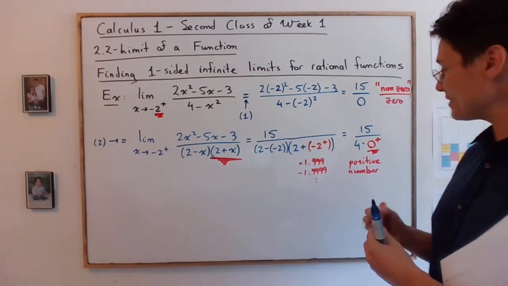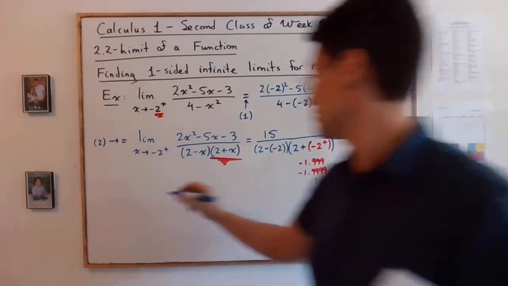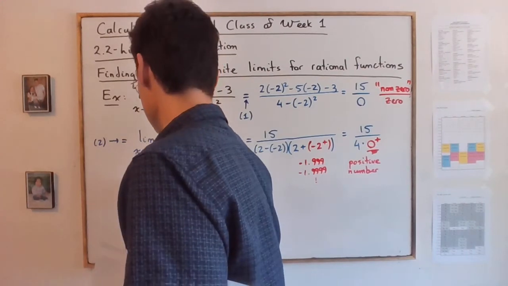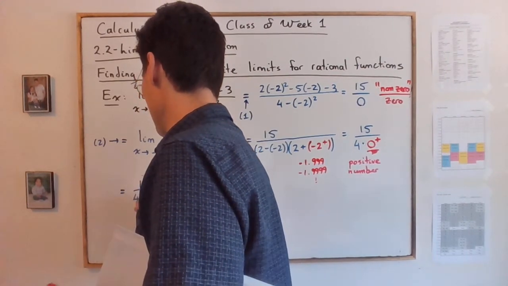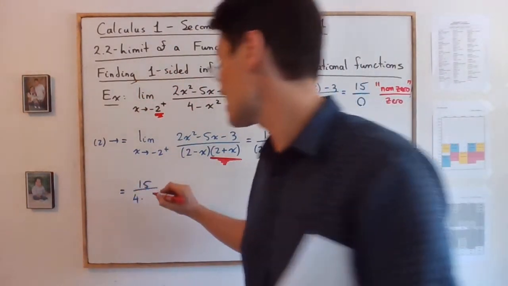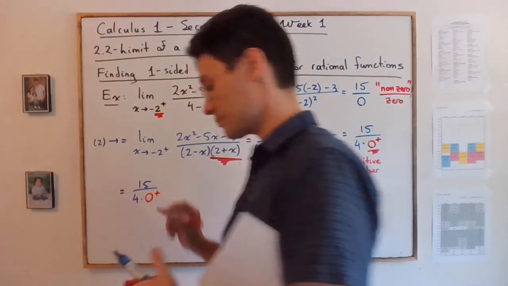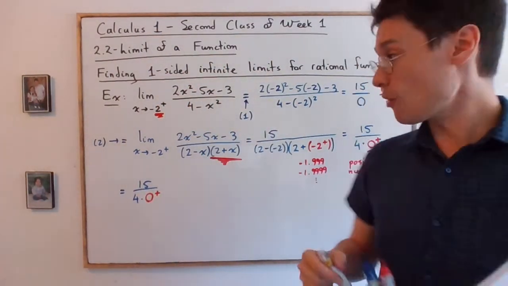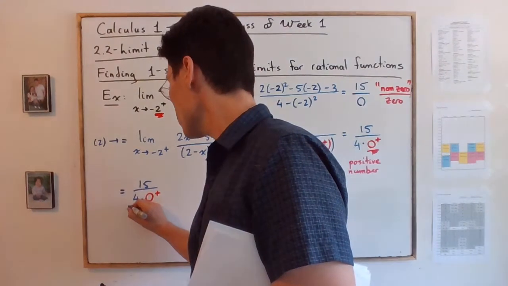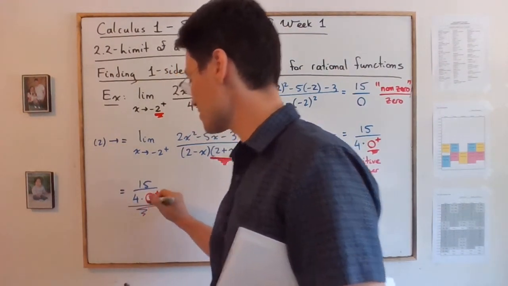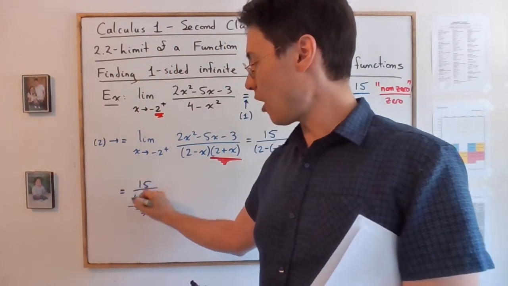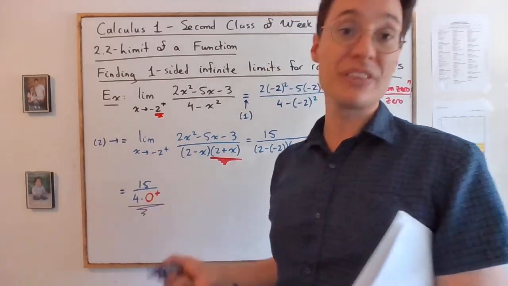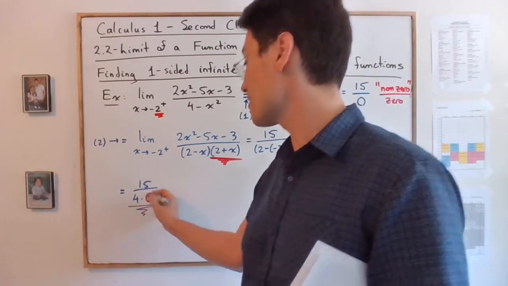Okay, now let's write the 15 over 4 times 0 underneath. Normally you wouldn't have to recopy it, but it's only because now I'm going to do step number 4. And step number 4, I recall, was to look at the overall sign. So you look at the sign of all the numbers over there and you pair it up with the sign of this number, right?